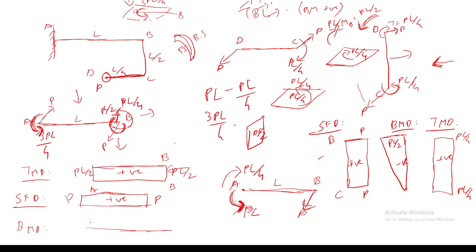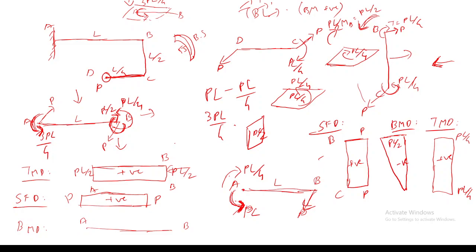Here comes the toughest part. For example, imagine this is point A, this is point B. Is it a rectangle? Are you sure it is a rectangle? Two triangles. Yeah, it will be two triangles.